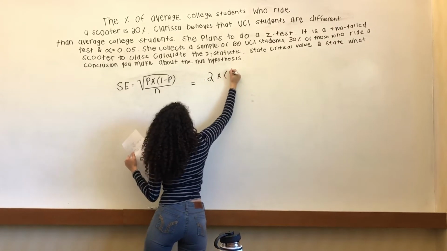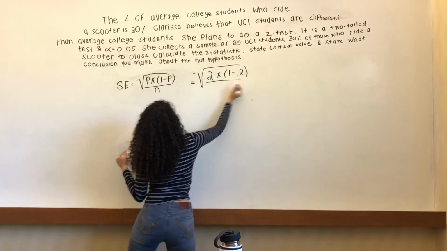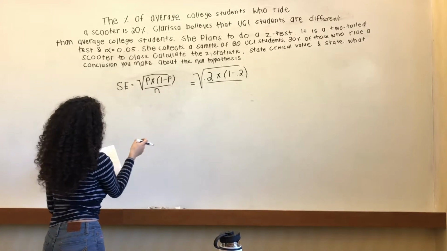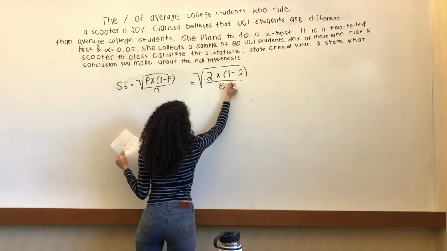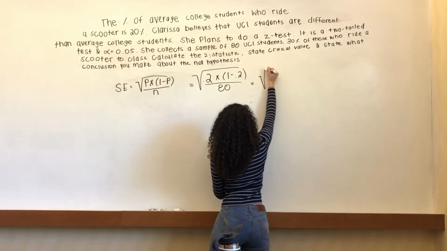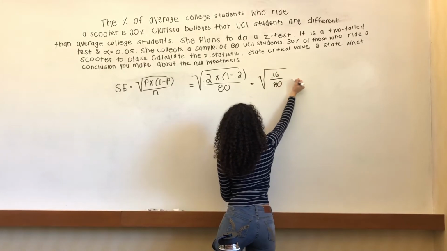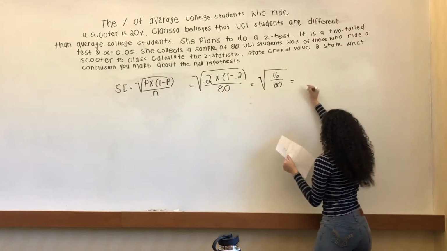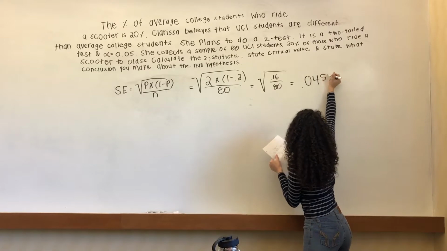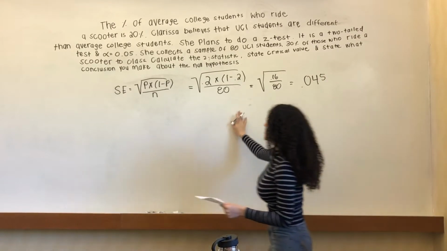Plug it in: 1 minus 0.2, square root, and n is the total of UCI students, which is 80. So the standard error is going to equal 0.045.